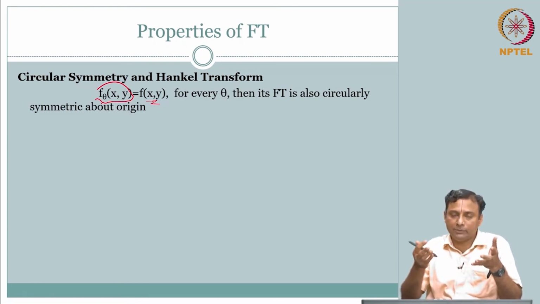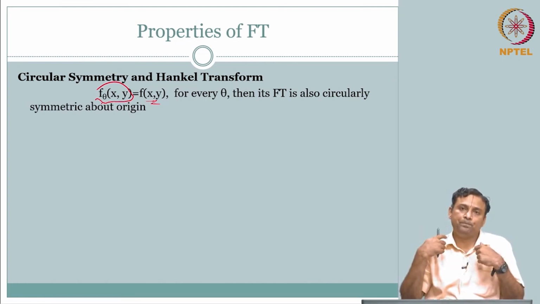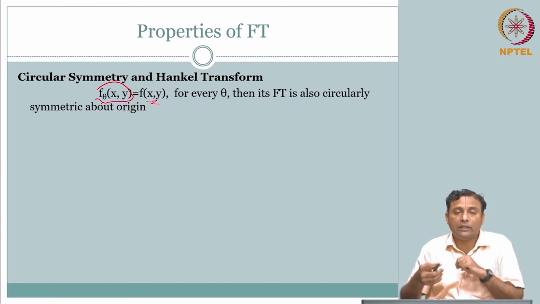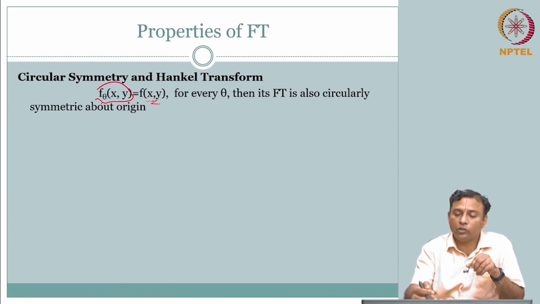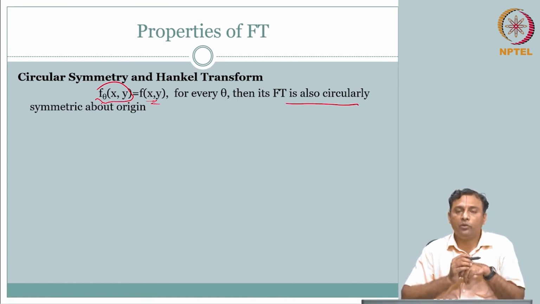If that is the spatial domain signal, which we call circularly symmetric, then our interest is in the Fourier transform. How does the Fourier transform of such a signal look? That will also be circularly symmetric about the origin.